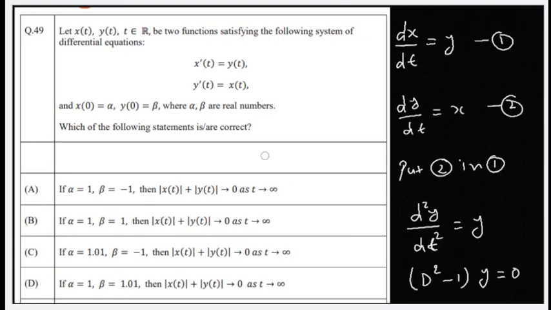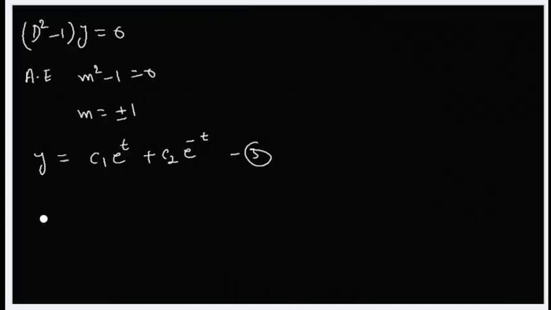Now from equation number 2, dy by dt equal to x, so x of t equal to dy by dt.